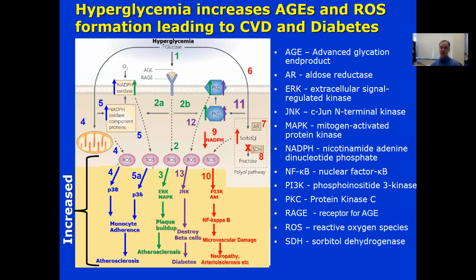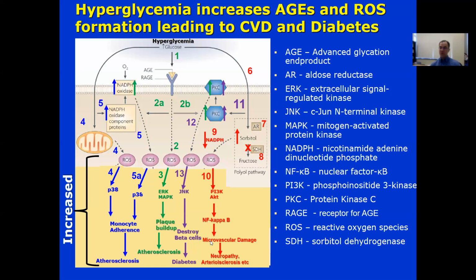This sorbitol then, an increased amount of sorbitol will decrease the amount of NADPH. And when you have a decreased amount of NADPH, that increases the amount of reactive oxygen species. And in the capillaries, it's going to cause an increased amount of PI3 kinase and AKT. These proteins are going to activate the inflammatory protein NF-kappa B, and that's going to cause microvascular damage or damage to the capillaries.